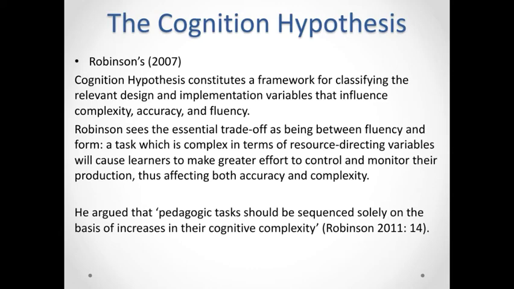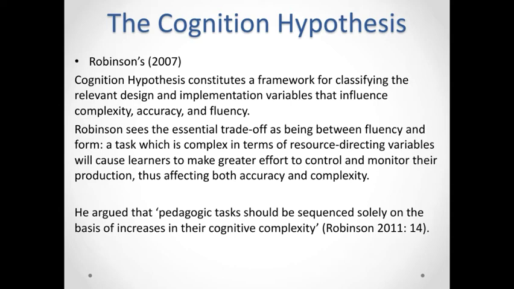Robinson in 2007 stated that the cognition hypothesis constitutes a framework for classifying the relevant design and implementation variables that influence complexity, accuracy, and fluency. Robinson sees the essential trade-off as being between fluency and form.